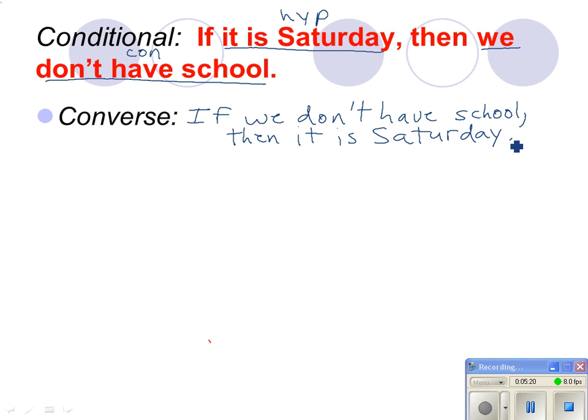As you're doing each one of these, and I should have done it with the original conditional statement, you've got to decide its truth value. The original one, if it is Saturday here at National Trail, then we don't have school. That's a true statement.